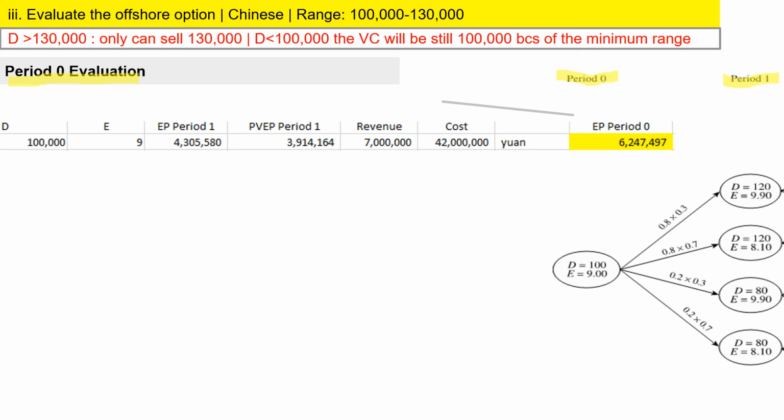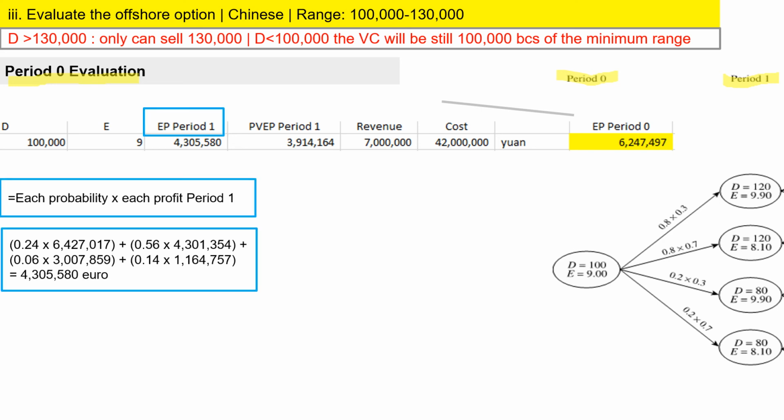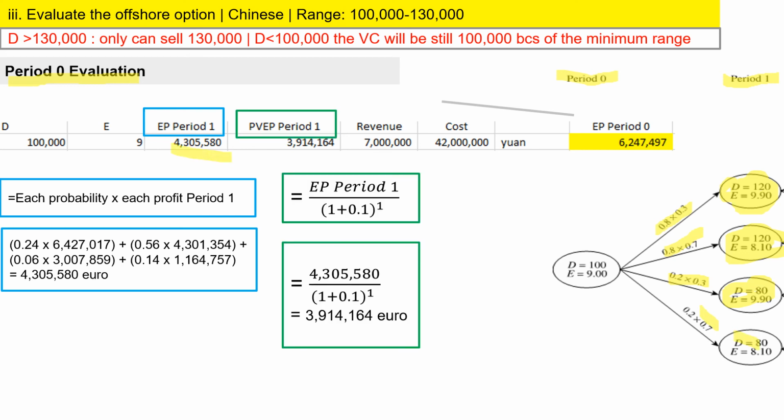It is each probability times each profit from the previous table in period 1. So the probability here times the profit in this note, and we got this number.